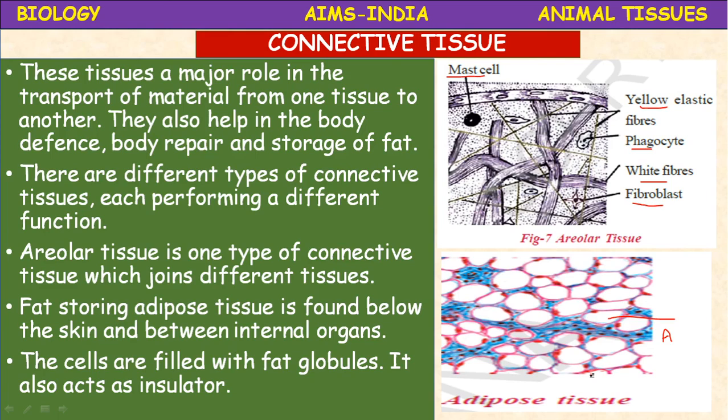There are two types of adipose tissue present actually. One is white or yellow fat, and the other is brown fat. Okay, the brown fat is present in infants, means children below 1 year of age, small babies.